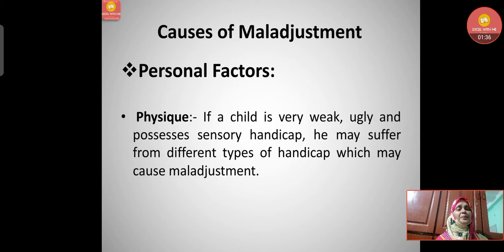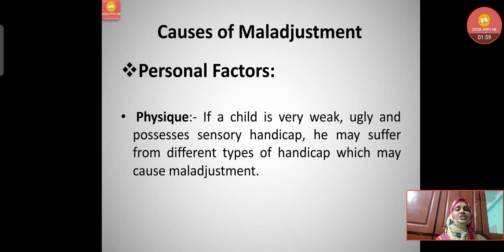Now let's understand in detail the causes of maladjustment. First one is personal factors. Under personal factors, let's understand what are the causes of maladjustment. First one is physique. If a child is very weak, ugly and possesses sensory handicap, he may suffer from different types of handicap which may cause maladjustment.